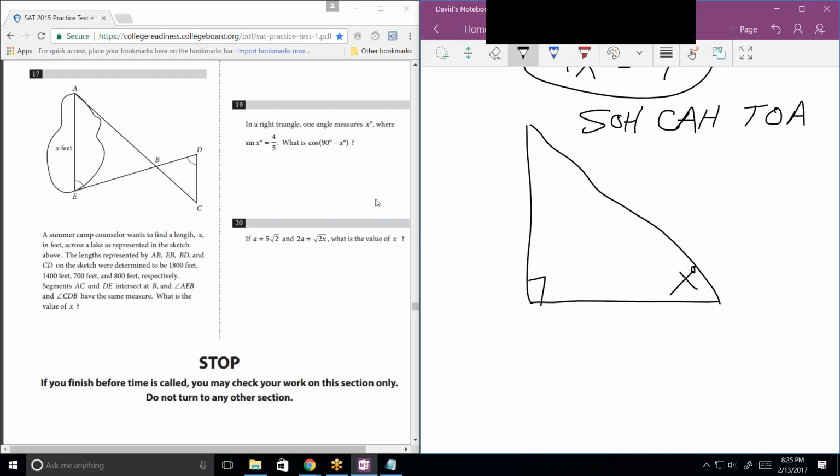Yeah, it's a really big difference, especially when sine is opposite over hypotenuse. So what's the opposite side got to be? Look at the question: sine of x equals 4/5.